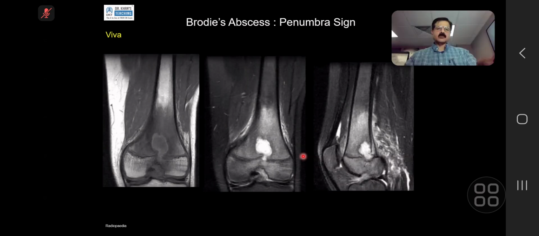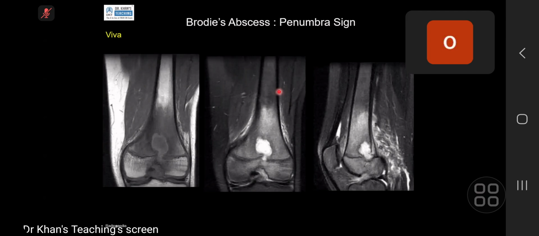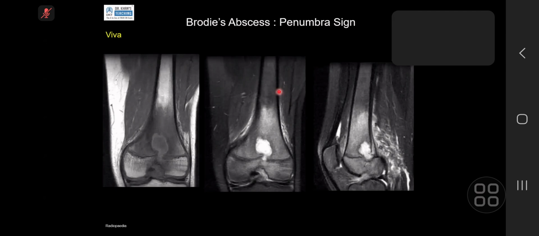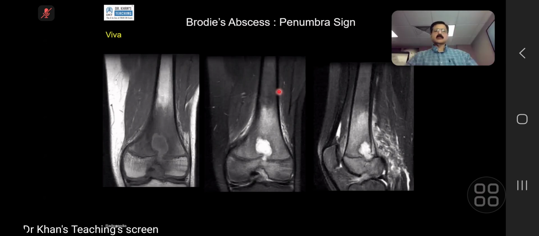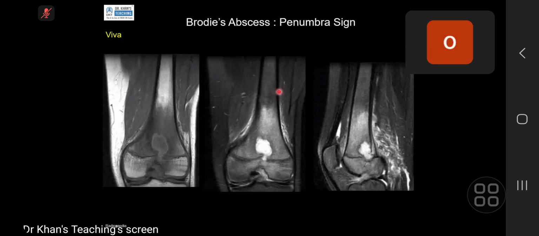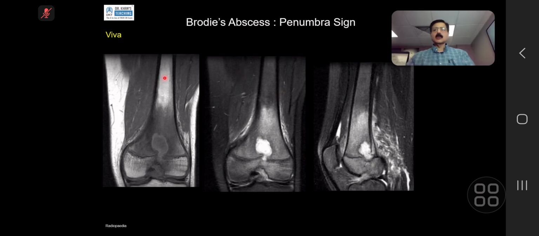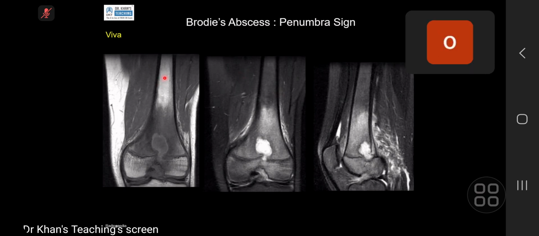Yes, sir. Okay, madam, this is the penumbra sign. Just describe the findings. What is the penumbra sign? Where do you look at? At T1, I would find a high signal intensity rim of a low intensity lesion. Which one of these is T1? The one at the far left of the screen, without fat sat. And then the middle one is a STIR or a fluid sensitive sequence.